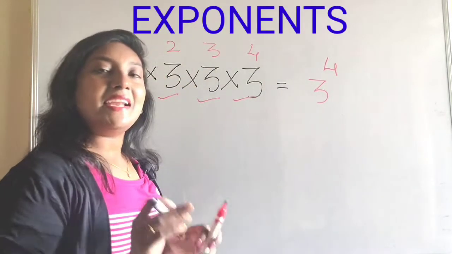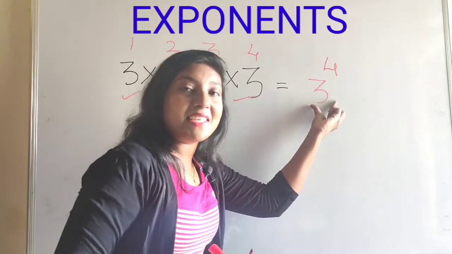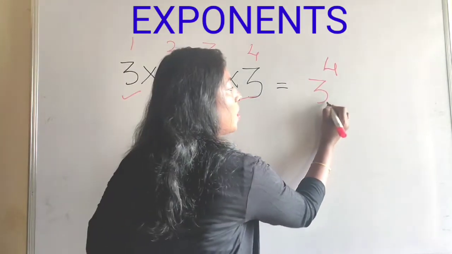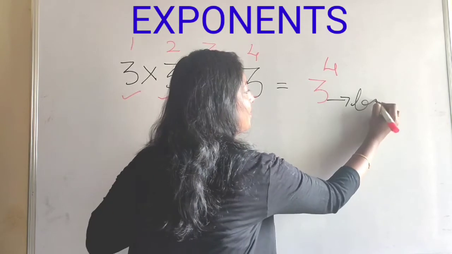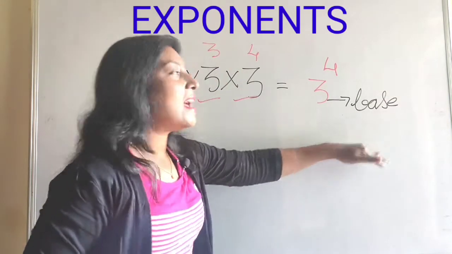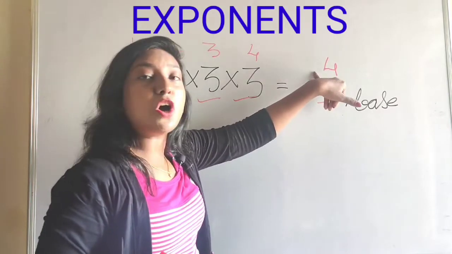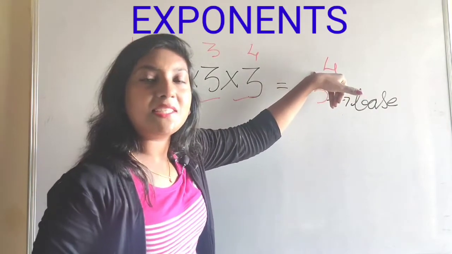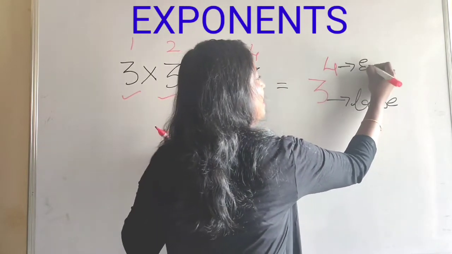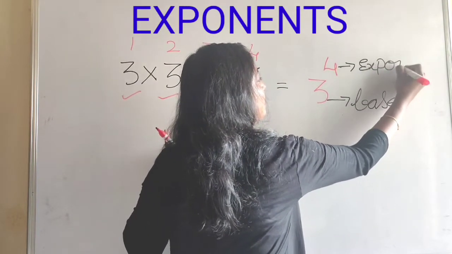And now let us see what we call this 3 and what we call this 4. Yes, the 3 is called the base, and the number at the top of the base we call the exponent.